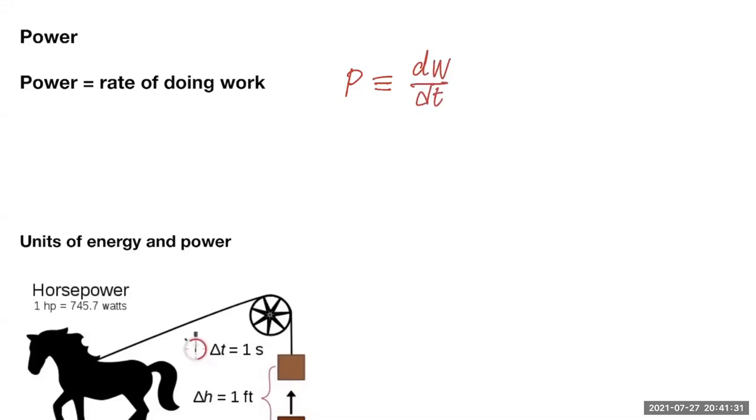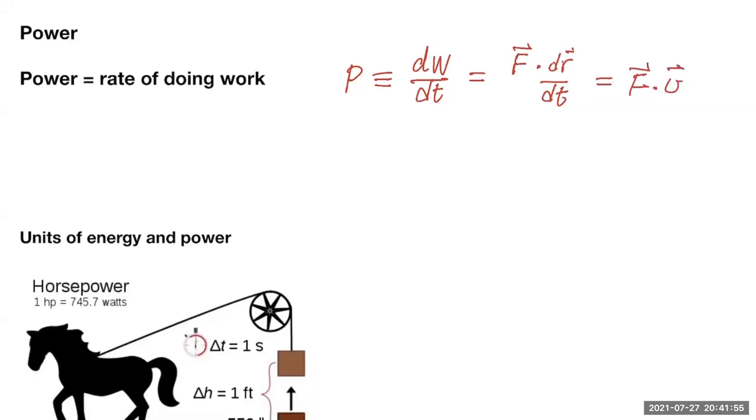Now, if work is done with a force over displacement dr, then I can write dW as F dot dr, of course, right? That's dW. And you divide this by dt, okay? What is dr over dt anyway? That, of course, is velocity. So you can write power as F dot V.